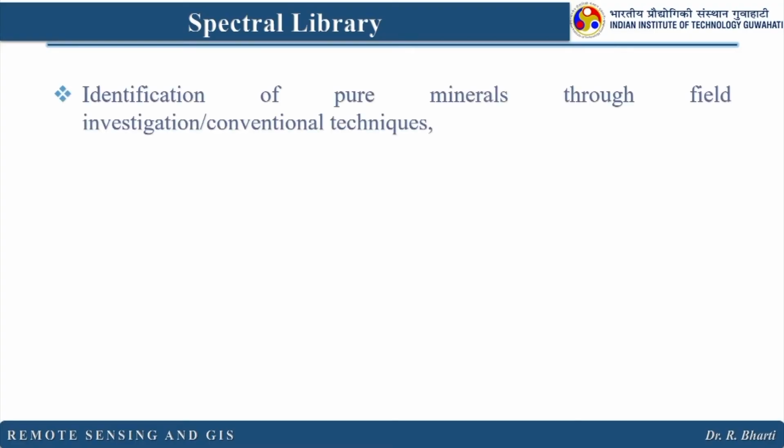In spectral library, the identification of pure mineral through field investigation or conventional technique is the first step. So, here you need to find a unique sample. So, let us assume pure minerals like quartz, mica, feldspar, olivine. You need to make sure that they are 100% pure, right.